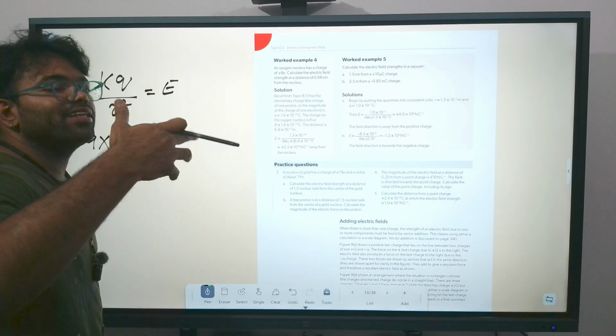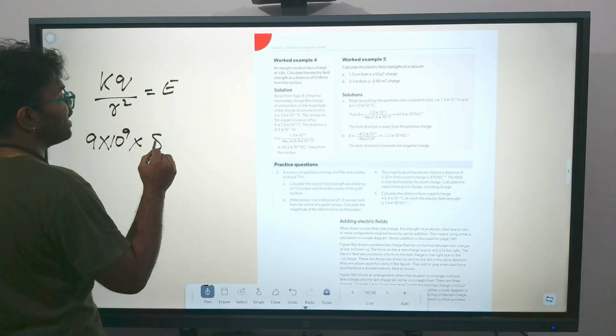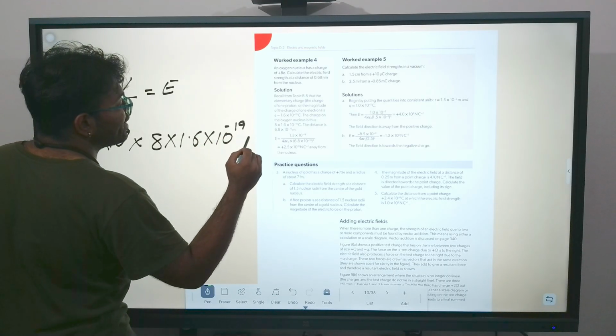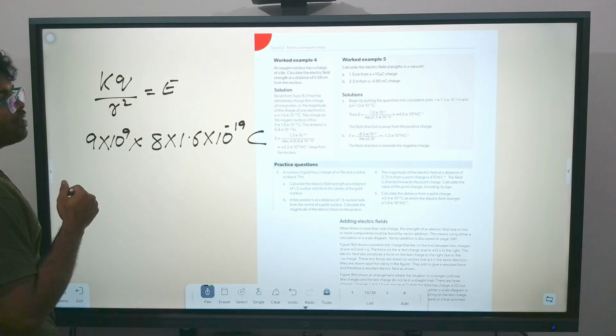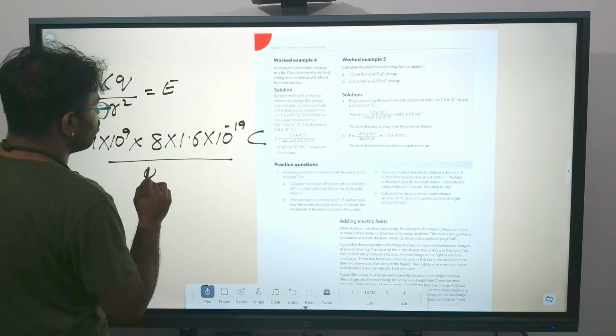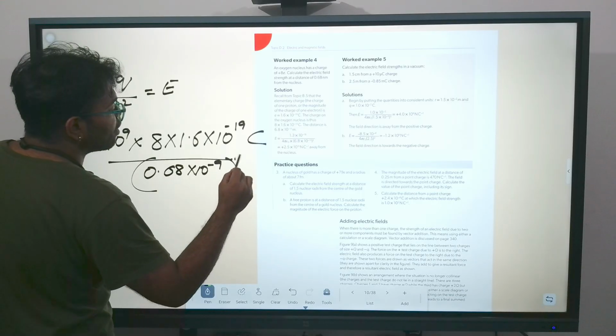The charge inside the nucleus is plus 8 electron, plus 8e, so that is 8 into 1.6 into 10 to the power minus 19 coulombs upon r square, that is 0.68 into 10 to the power minus 9 the whole square.